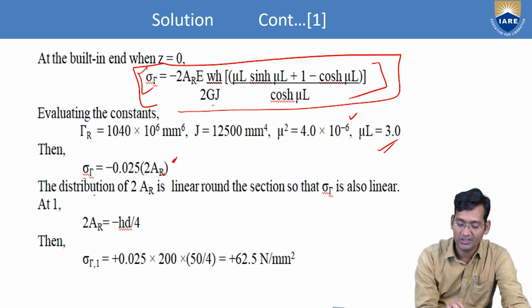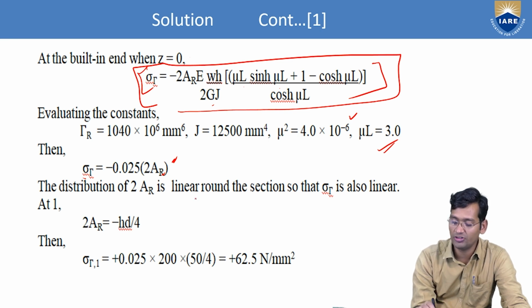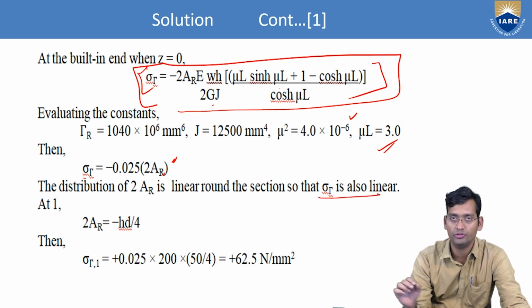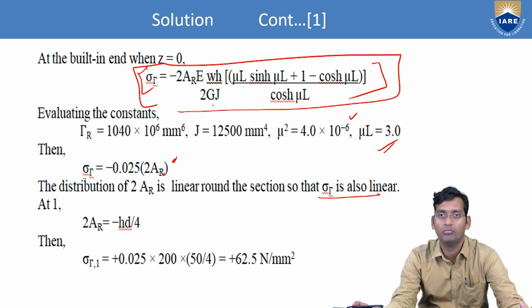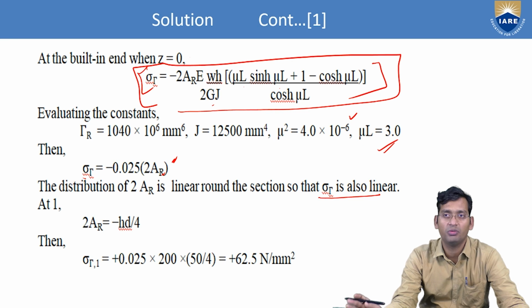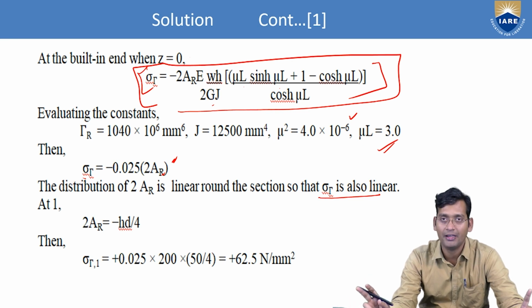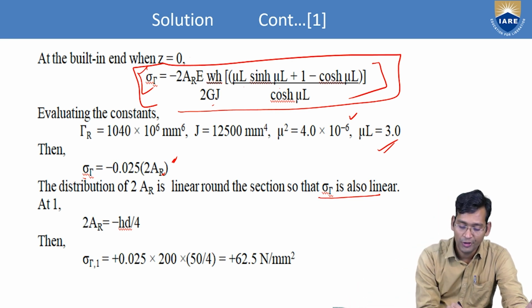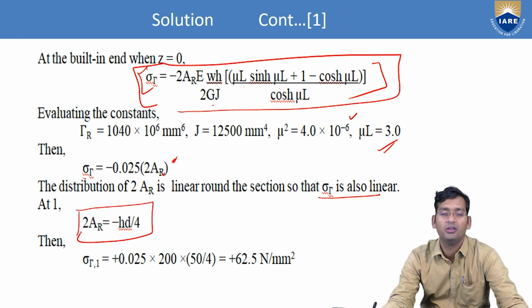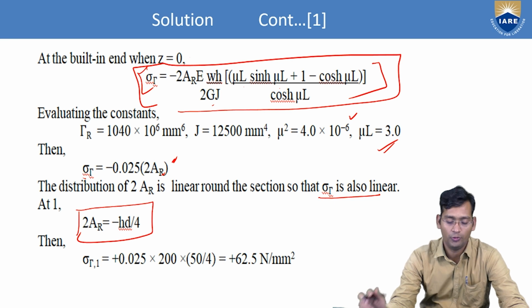So just see here. The distribution of 2AR is linear around the section, so sigma tau is also linear at 1. So from there, 2AR equals minus h into d by 4.